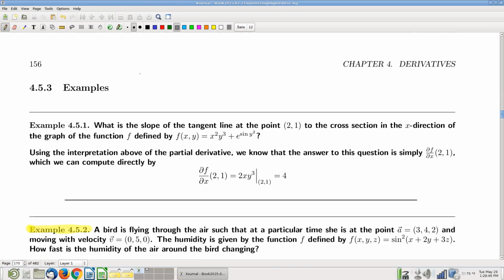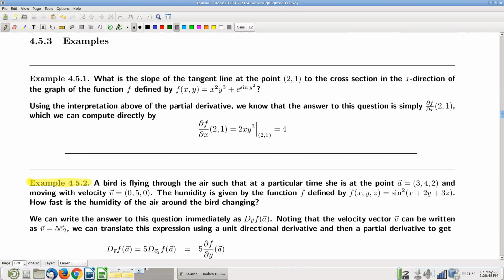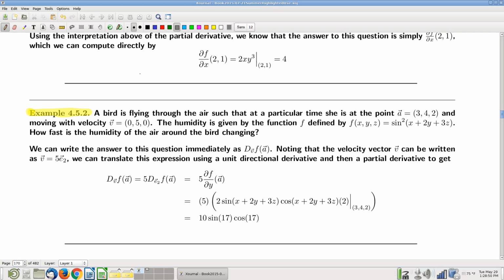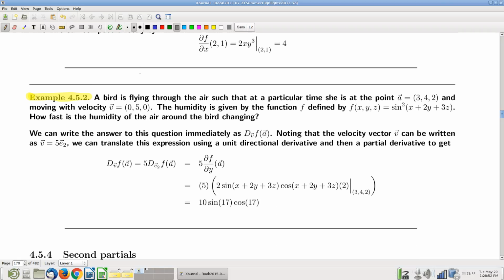Okay. All right, let's look at this next question. Got a bird flying through the air. At some particular moment, we're at this point A, moving with velocity v. We want to compute the rate of change of this function h. Oh, excuse me, I'm sorry.